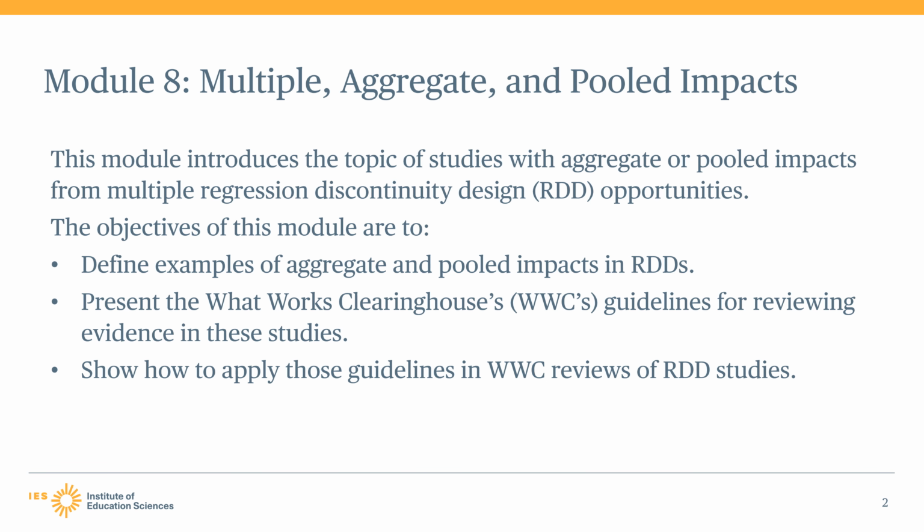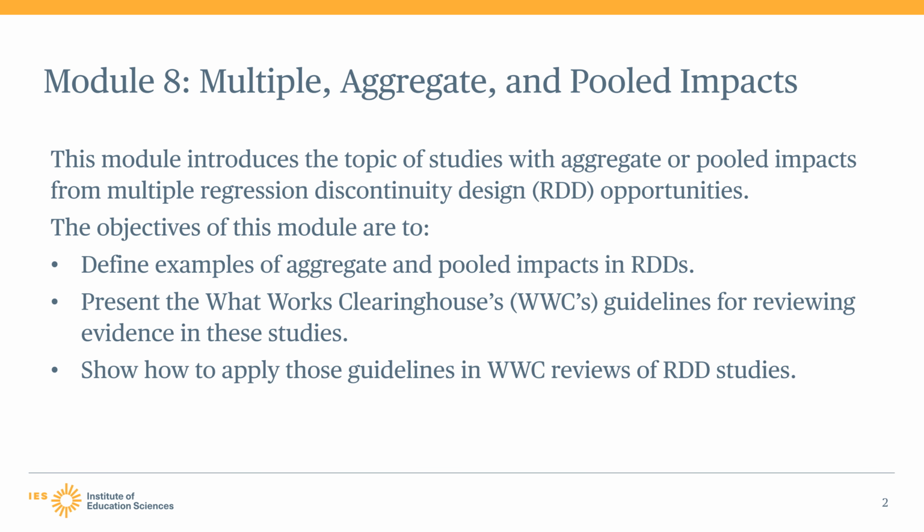So first and importantly, the overall rating of an RDD study will be the highest rated impact that's presented in a study, including any pooled or aggregate impacts that may be presented in that study. So this means that authors may improve the rating of a pooled or aggregate impact by excluding combinations of forcing variables, cutoffs, and samples that do not meet the WWC RDD standards for reasons that are clearly exogenous to intervention participation.